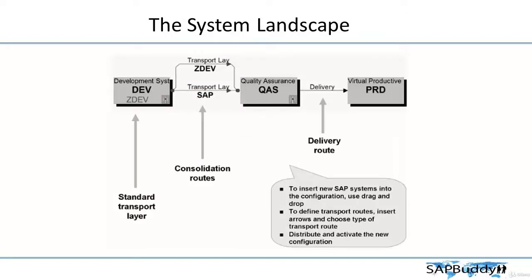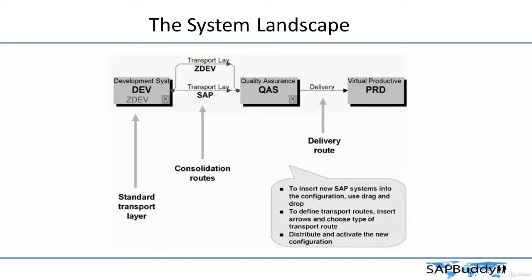You can see here the typical three system landscape which we have seen in our previous slides, the consolidation as well as the delivery route. You can see the consolidation route here, which is from SAP. This is the development system, this is the QA system. So this is a standard transport layer, that is ZDV will be the standard transport layer in this scenario of three system landscape.